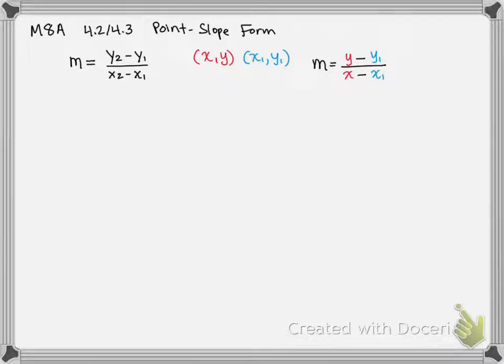But I don't like that I have a fraction, so I'm going to clear the fraction by multiplying both sides by x minus x sub 1. Then I'm going to write out what I get.